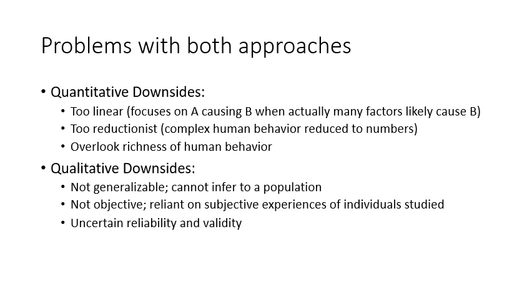So there are problems with both approaches. Quantitative studies can be too linear, like they're focusing on A causing B, when really life isn't always like that. There are lots of causal factors, and we don't have A causes B as such a direct relationship. Secondly, we might consider it too reductionist. And what we mean by that is that complex human behavior is reduced to just numbers.